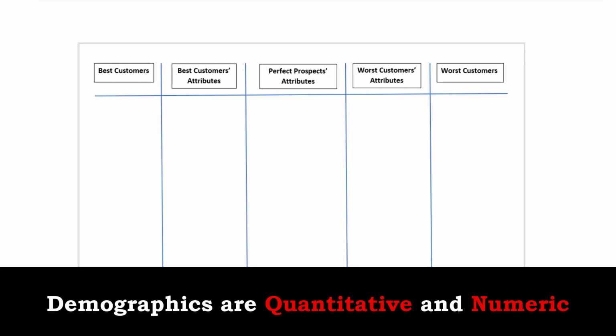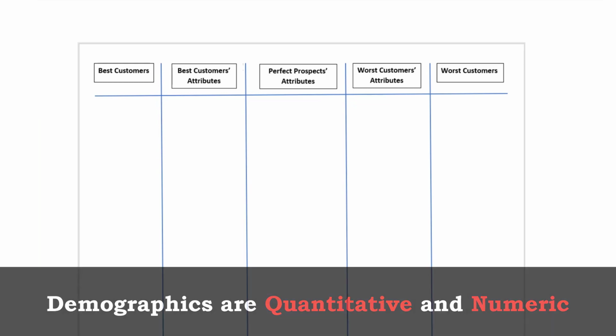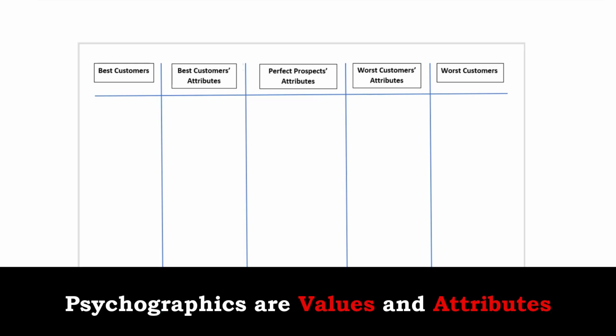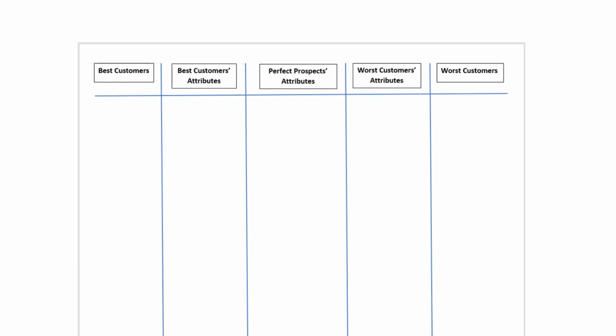Demographics are anything that are quantitative and numeric: size of company, geographic location, zip code, industry, SIC code, total revenues, that sort of thing. Psychographics are values and attitudes, or what we have here are attributes, things that are qualitative. And we'll have some examples of that in just a second as we get into it.